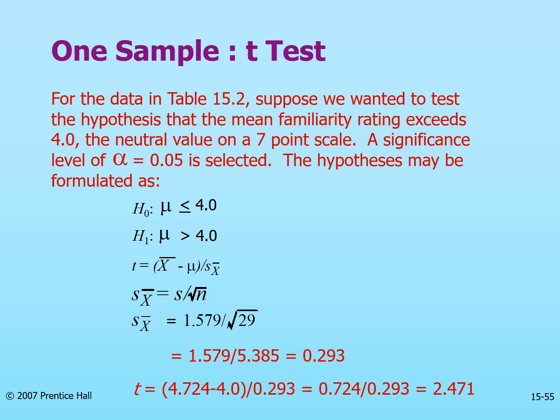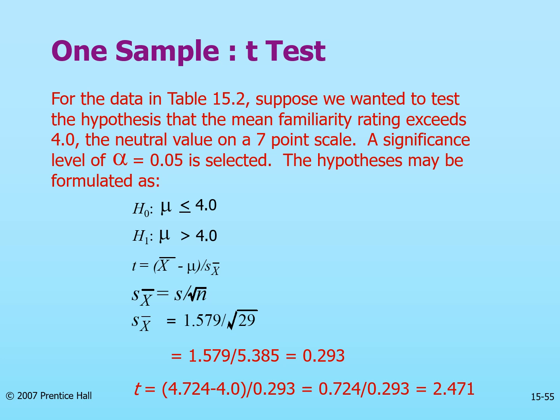Suppose we wanted to test the hypothesis that the mean familiarity rating exceeds 4, the neutral value on a 7-point scale. It means that you are using a 7-point scale and you are assuming the mean is 4. A significance level of 0.05 is selected, and the hypothesis is formulated: H0: mu is less than or equal to 4, and the alternative hypothesis H1: mu is greater than 4.